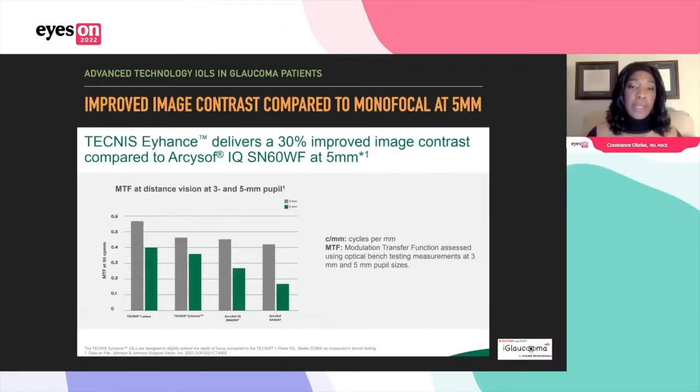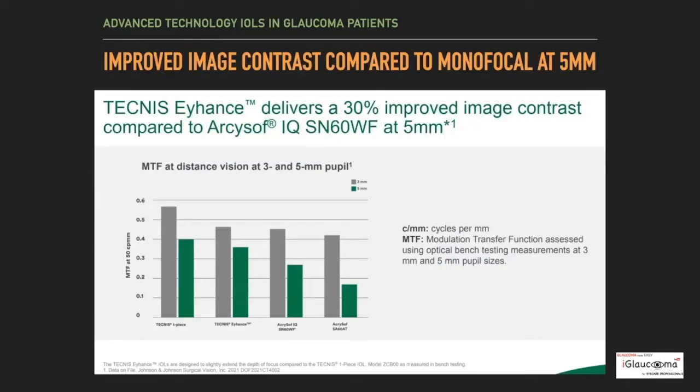The gray is the 3 millimeter pupil size versus the green, which is the 5 millimeter pupil size, the 5 being as if in dim lighting. You see that the Tecnis Eyhance does seem to outperform the other Acrysof lenses in terms of the MTF, the ability to enhance image contrast.